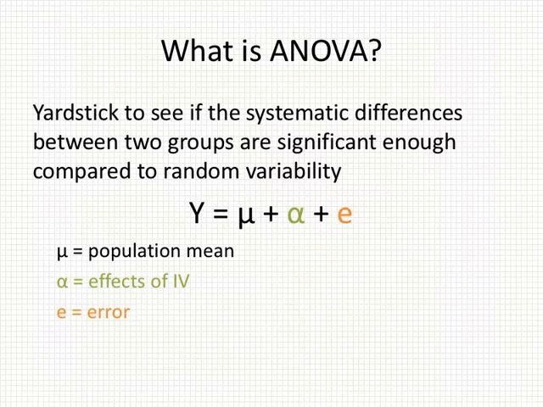This error is not error in terms of mistakes, incorrect stuff. It's random error. It's random factors. Oftentimes you'll hear a lot of, I don't know why they use the term error, but sometimes stats people frustrate me. When I was learning stats, you would read all the time about error.